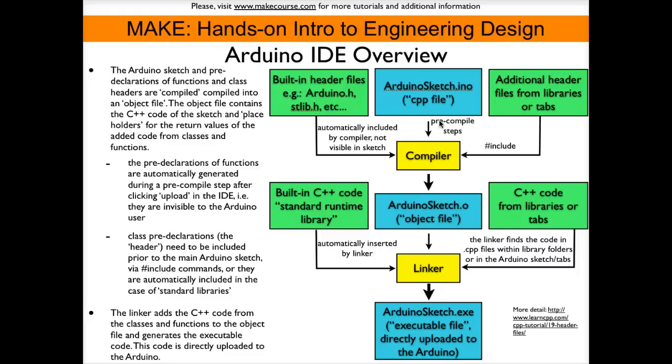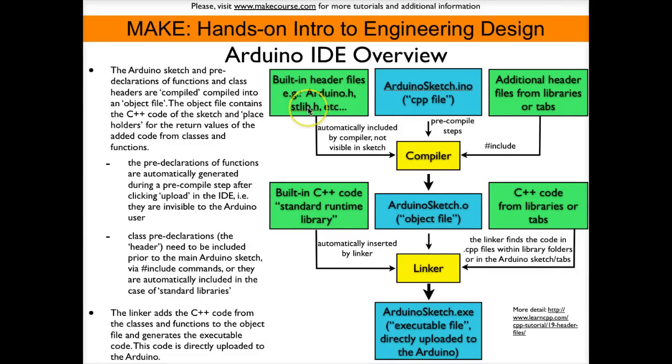One of them is to produce declarations of all the functions that you use in the Arduino sketch, and then it sends that to the compiler. At the same time, if you use any Arduino functions, these are defined in an Arduino header file, very similar to a class header.